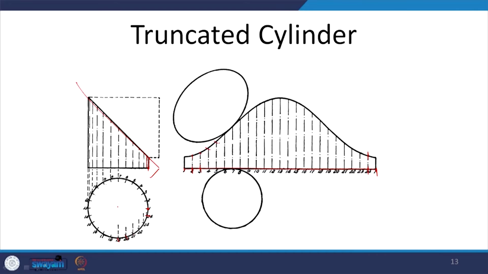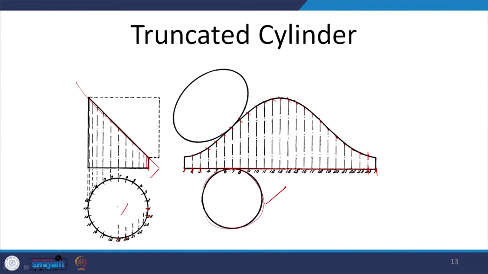For each of these parallel lines, the varying heights will be marked, and once we join them, this is the vertical part of the truncated cylinder. What comes at the bottom is a base circle, exactly the same as this, which we will mark here.